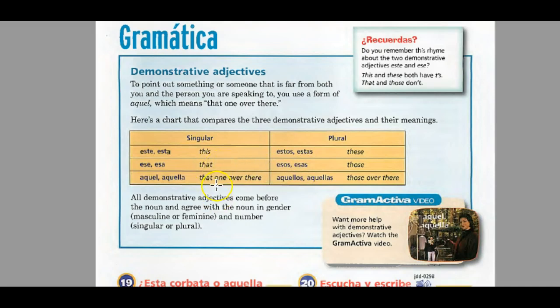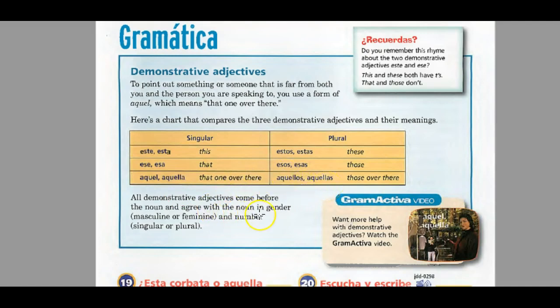Now, that one over there, meaning it's away from both the speaker and the person you're speaking to, you would use aquel and aquella, that one over there, and then for the plural would, of course, be aquellos and aquellas. You can think of the pronouns too. You have él, ella, ellos, and ellas.